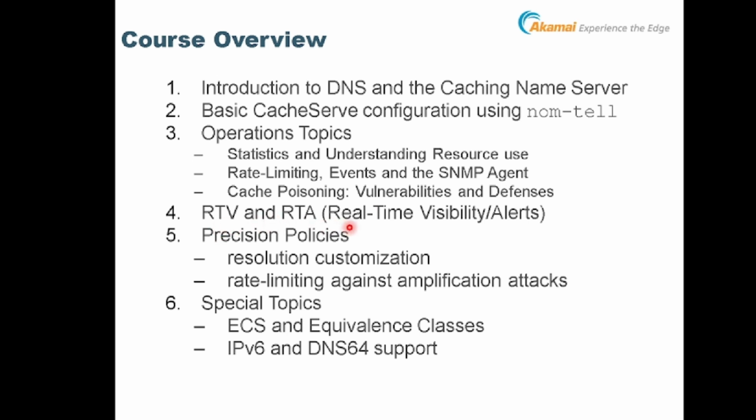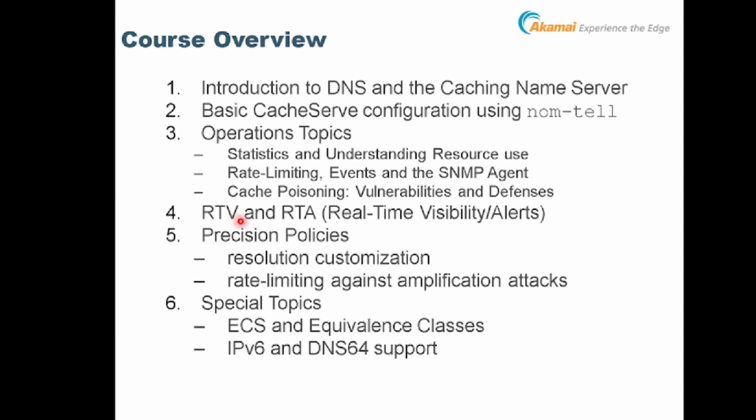We already spent a good deal of time with RTV, the query store, which we used with authserve in order to capture DNS traffic. Again, this works precisely the same way. I may spend a short amount of time just reviewing some of the analysis commands with the query store, which are particularly useful for a caching server as opposed to an authoritative server.